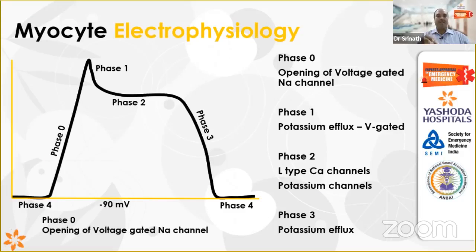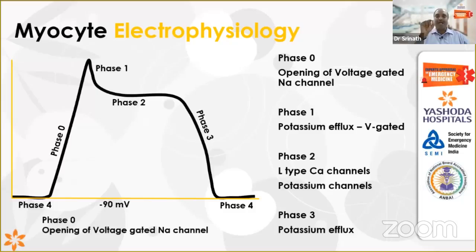Then phase 2 is the plateau, which is because of the calcium and potassium channels. And lastly, phase 3 is the potassium efflux. So sodium channel, then potassium efflux, then calcium channels, then potassium efflux. That is the myocyte electrophysiology.